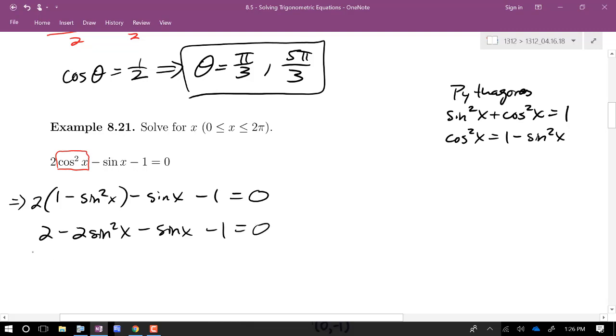And combining like terms, we have minus 2 sine squared x minus sine x plus 1 equals 0, because I have the 2 minus 1. How's that so far?